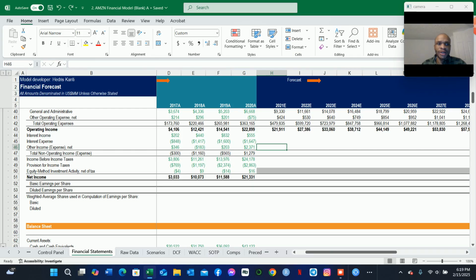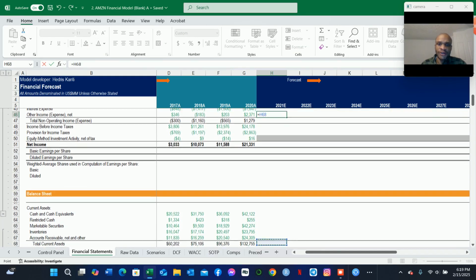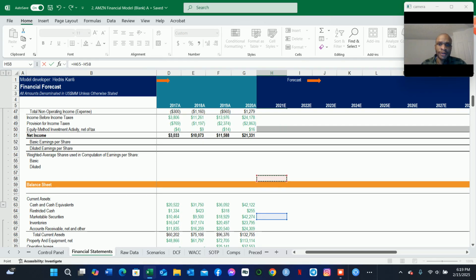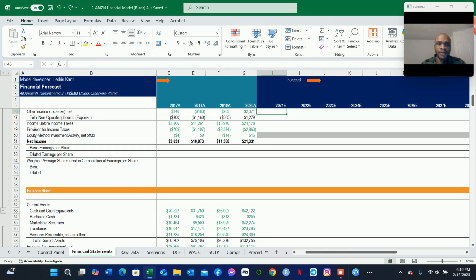So for the other income and expenses, we can take this to be equal to the changes in marketable securities. Amazon has investments in marketable securities such as treasury bills, securities that mature within 1 year.